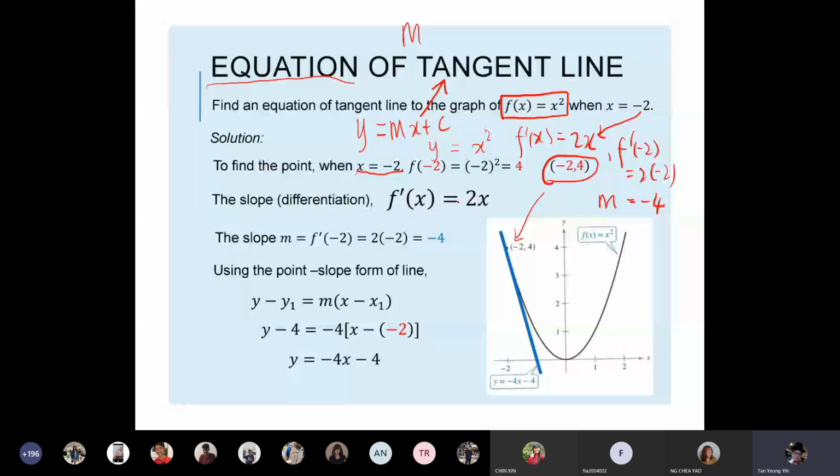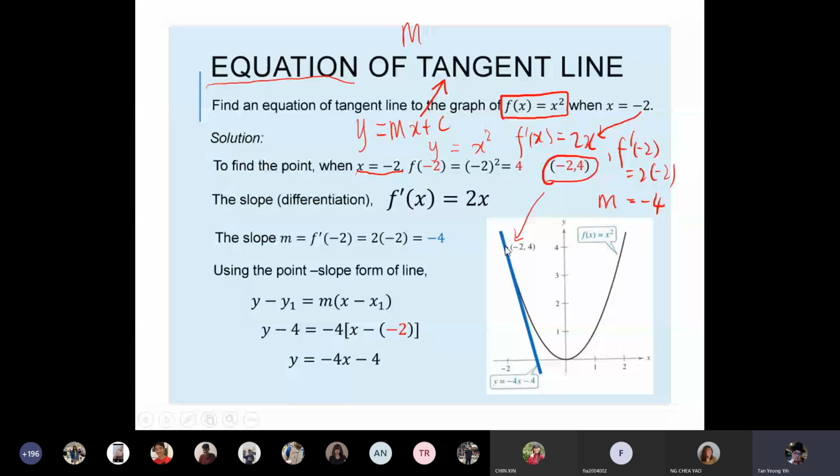So now we can actually find the c. The m is -4, so we substitute -4 here. To find the c, we substitute one point, -2 and 4. So we substitute -2 and 4. And solve this, we get y equals -4x minus 4.